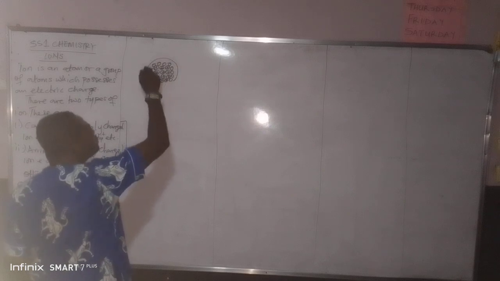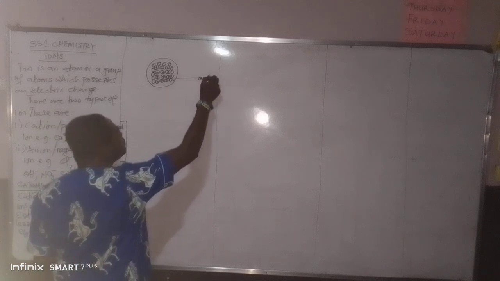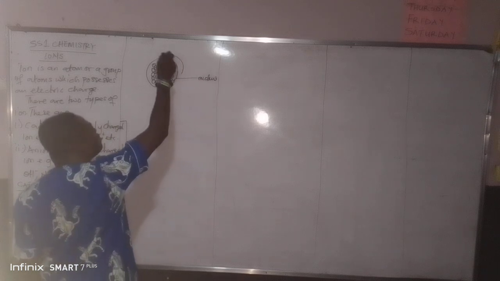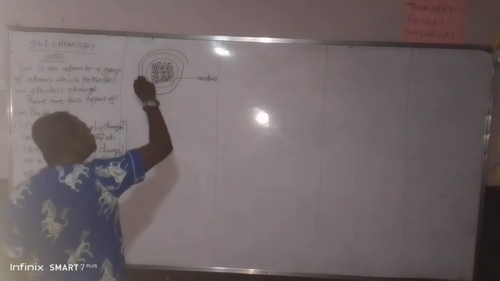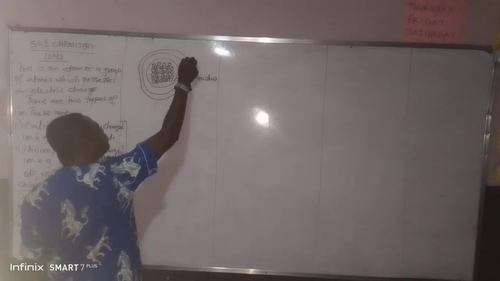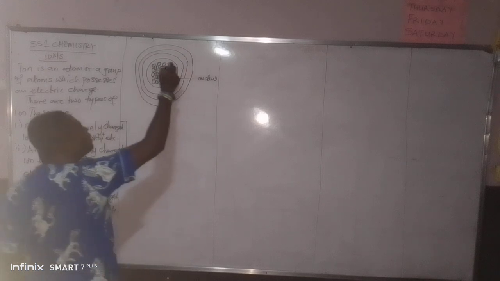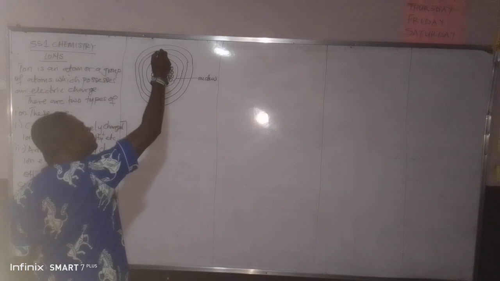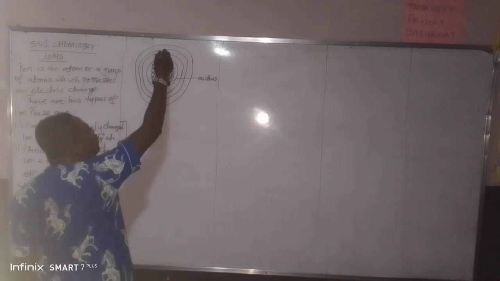So this is the nucleus. Then you have electrons. Don't forget that magnesium's atomic number is 12.